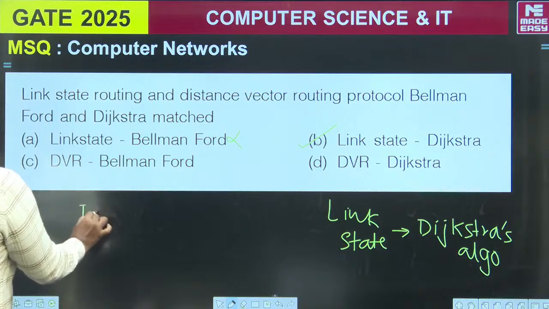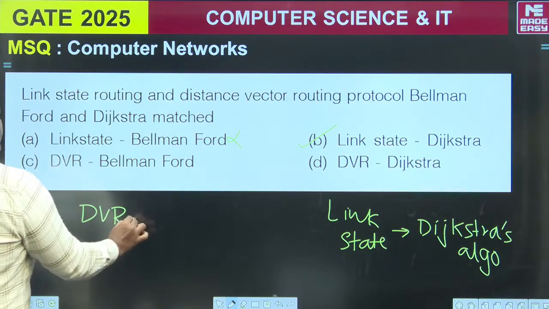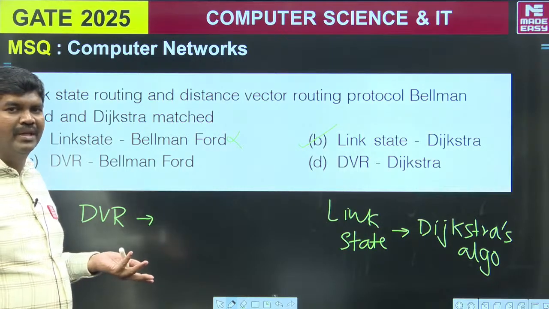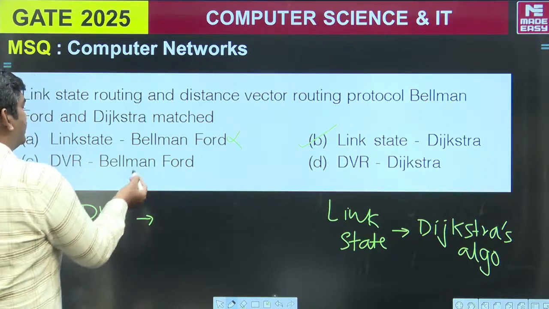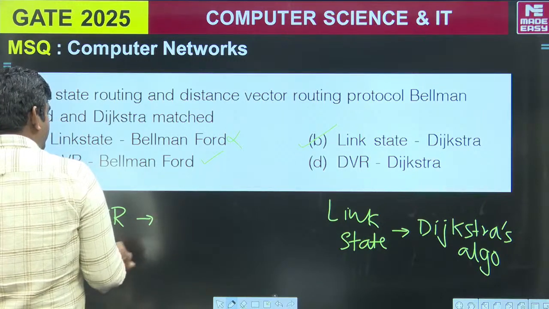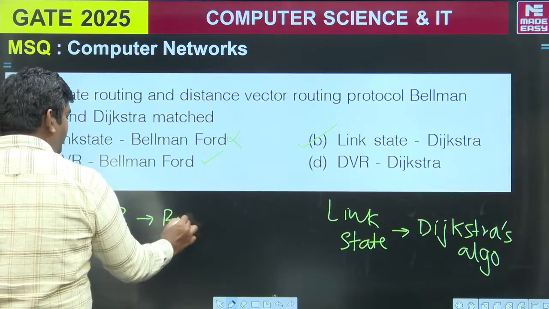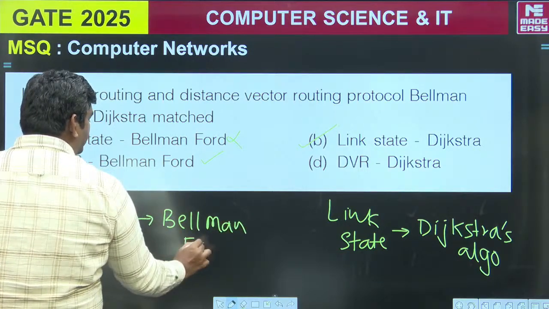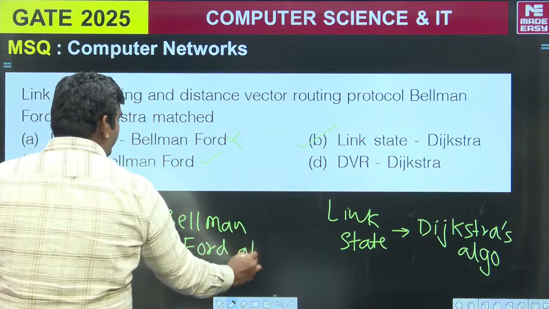And the distance vector router, so here they are representing as DVR, for finding the shortest path between the routers, it is using what? The Bellman-Ford algorithm. Okay, so the distance vector routing for finding the shortest path, it is using what? Bellman-Ford algorithm.